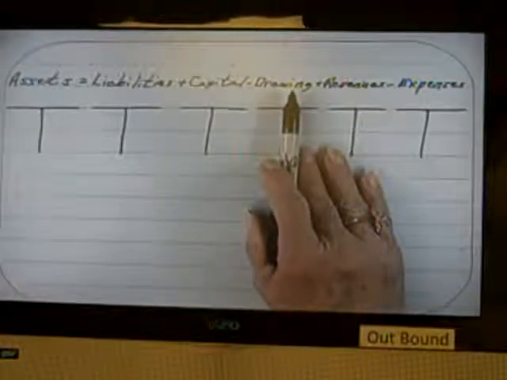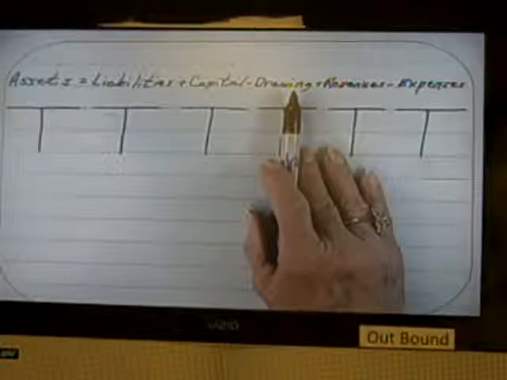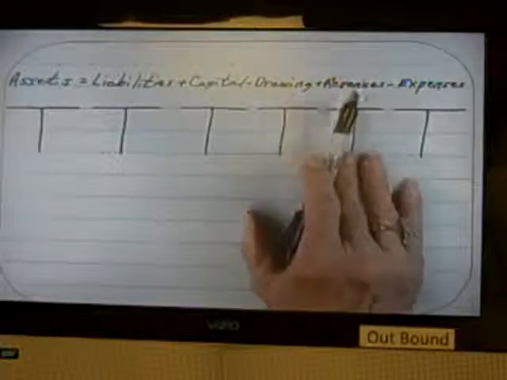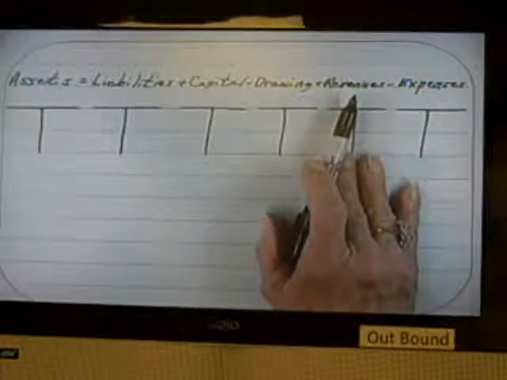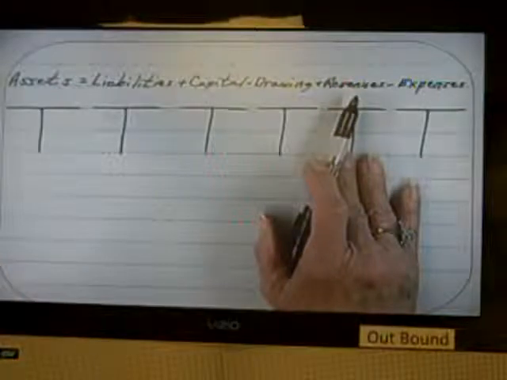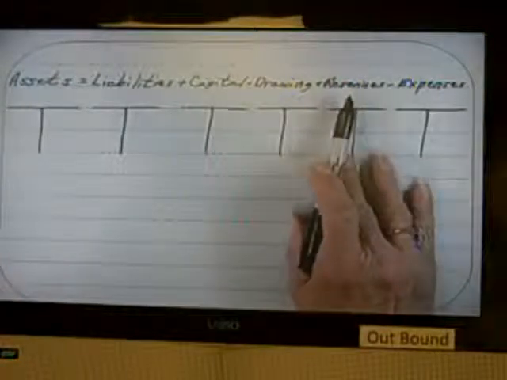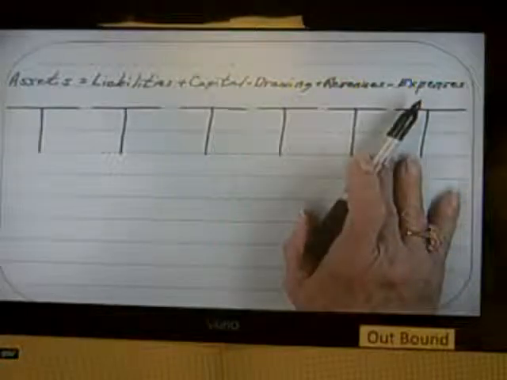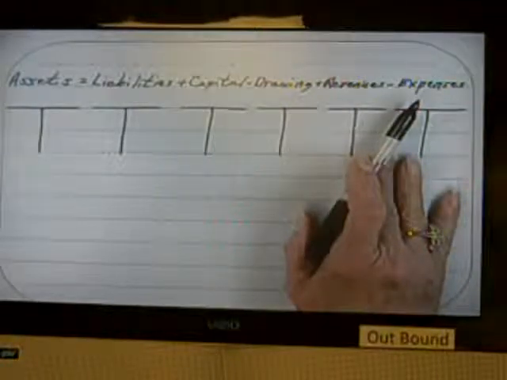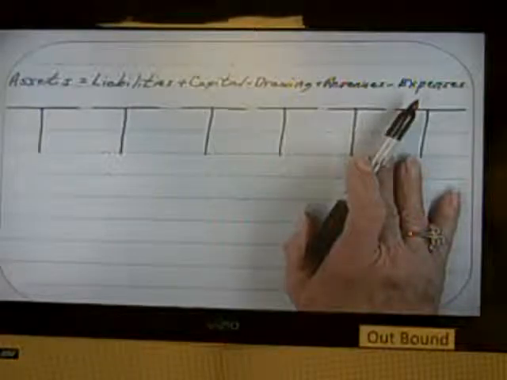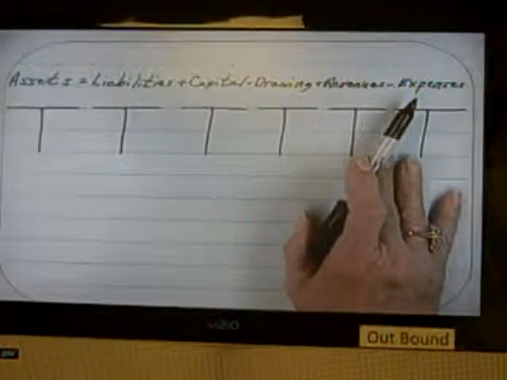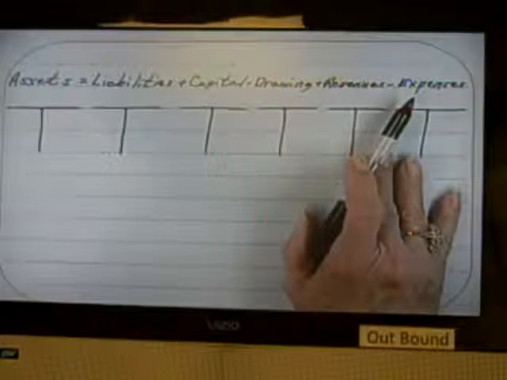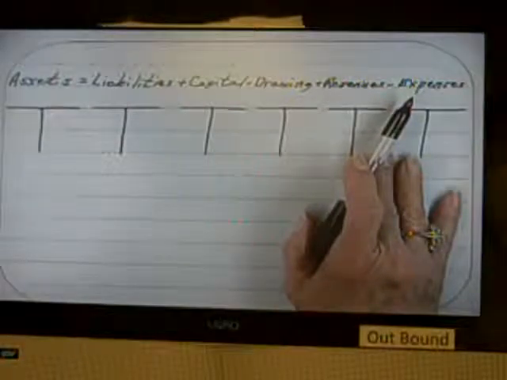Drawing or withdrawal is what we take out of the business for our own personal use. Revenues would be our earnings, what the business earns for operating on a day-to-day occasion, rather. And expenses, those expenses that we incur in day-to-day operations. The electricity bill, the water bill, the rent, those kinds of things.